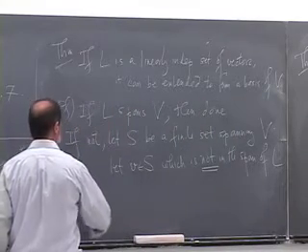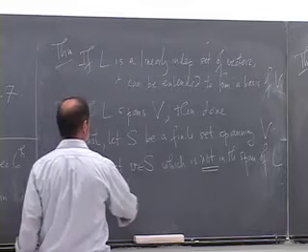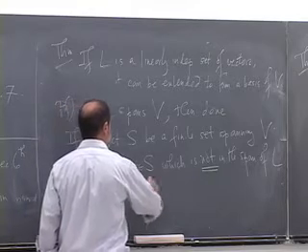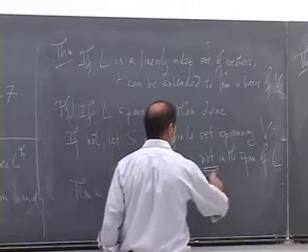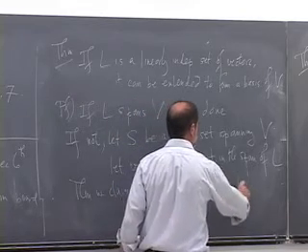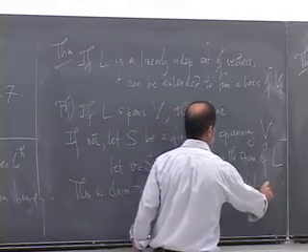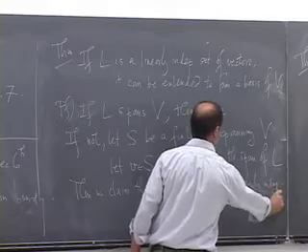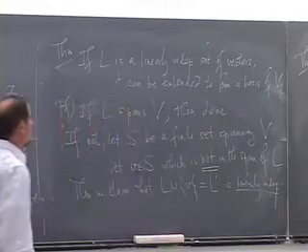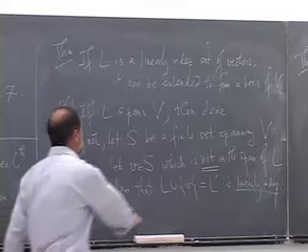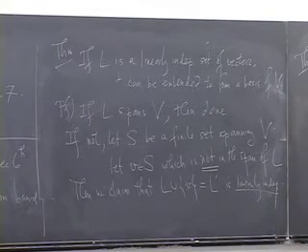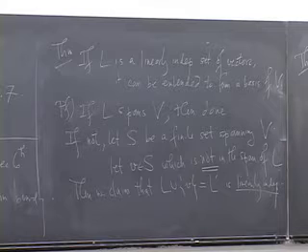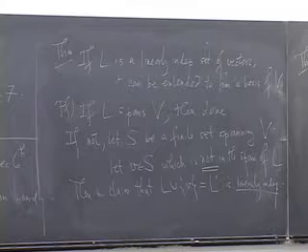Then we claim that if you take the union of L and v, call that maybe L prime, it is linearly independent. So if you add v to L, so we just add one vector to L, we get something which is linearly independent. Here we threw one vector out of the spanning set.